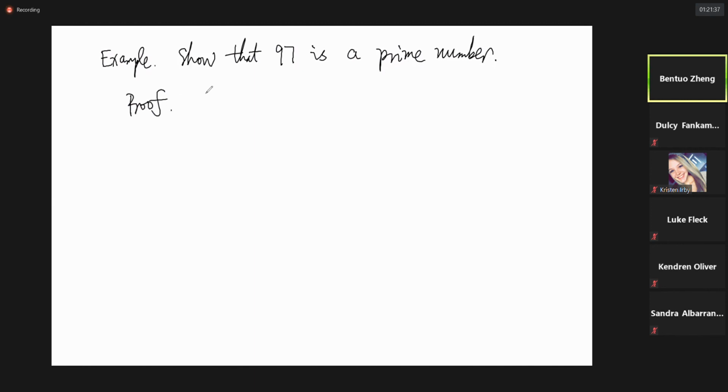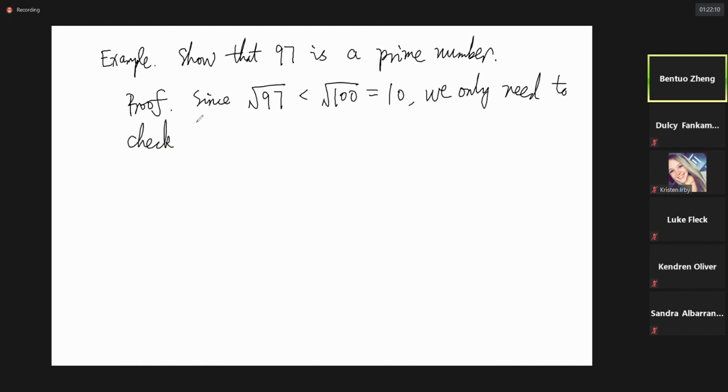Proof. So since square root of 97 is less than square root of 100, which is equal to 10, we only need to check the prime numbers 2, 3, 5, 7.